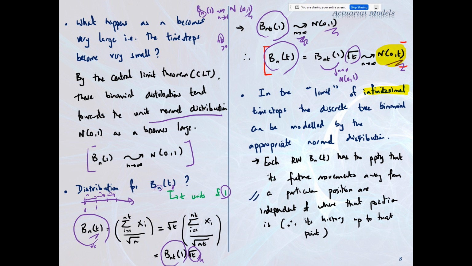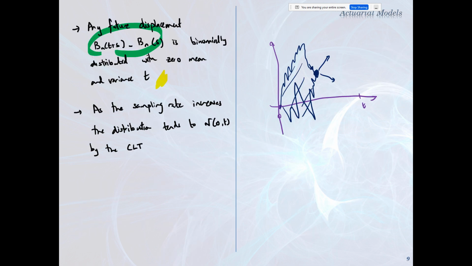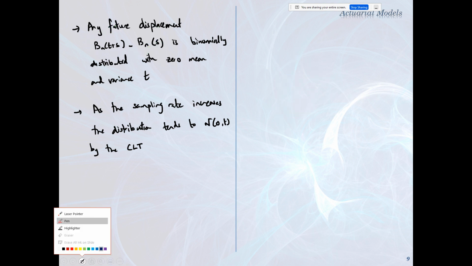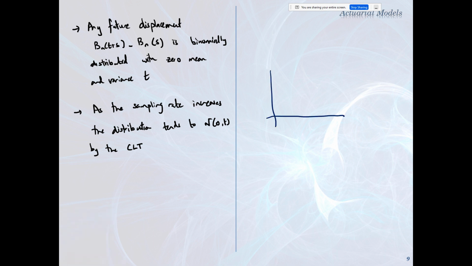Its future movement away from a particular position is independent of where that position is, or how it got up to that point. Okay. So now say that this is s, this is t plus s, so we have a time interval of t.